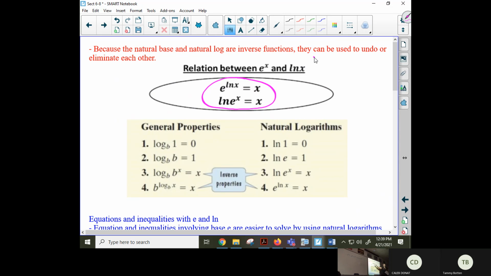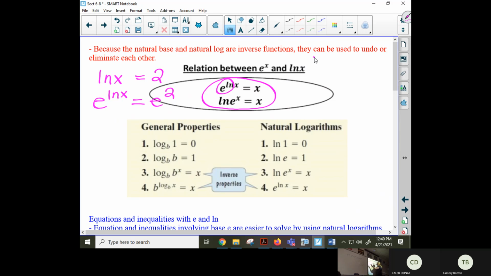So if you ever have a natural log of x and you want to get rid of that, say you had natural log of x equals 2, there is a property where you can take both sides of this equation and put them as powers of e. And there's a rule right here that if you have e to the natural log of something, this cancels out, and whatever is left is your answer.